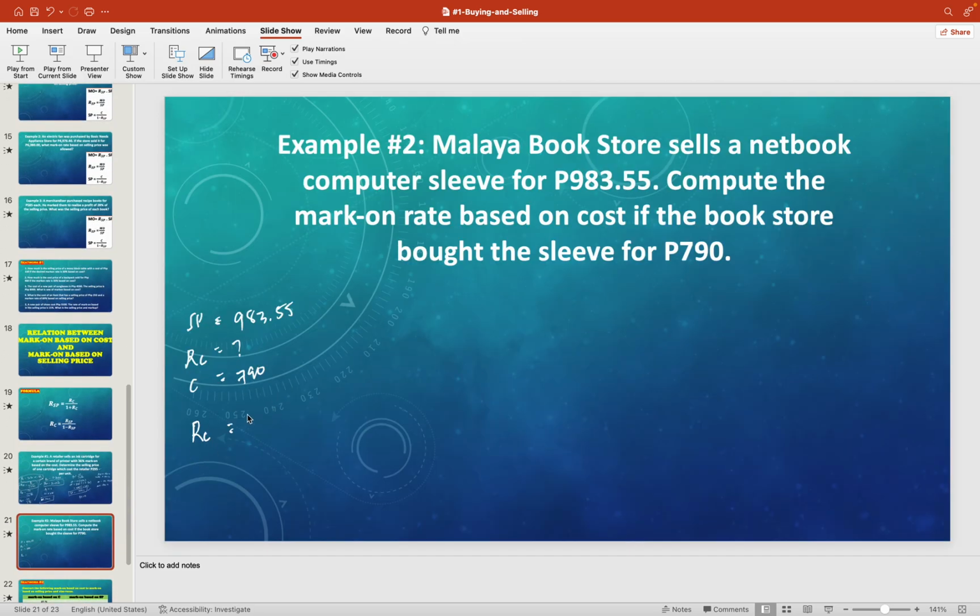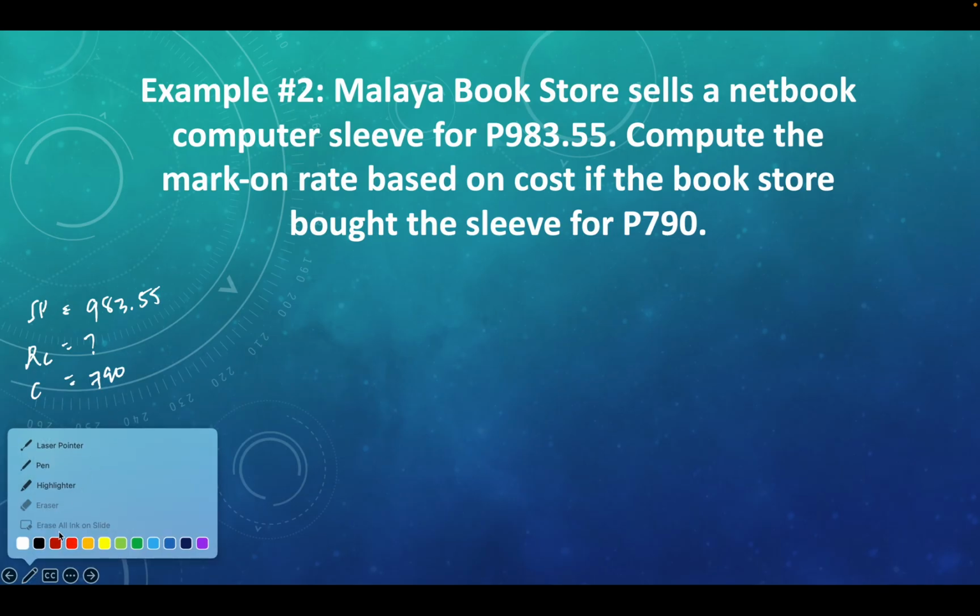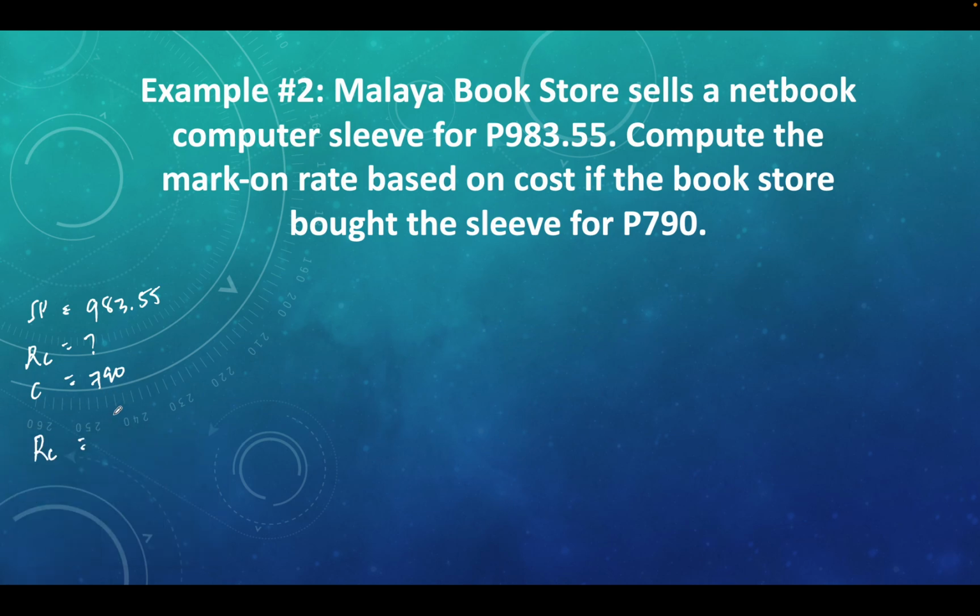So RC is equals to mark on all over the cost. Okay? So, since yung mark on natin is nawawala, solve muna natin si mark on. So, mark on is equals to selling price minus the cost. Yan yung formula natin para makuha yung mark on.